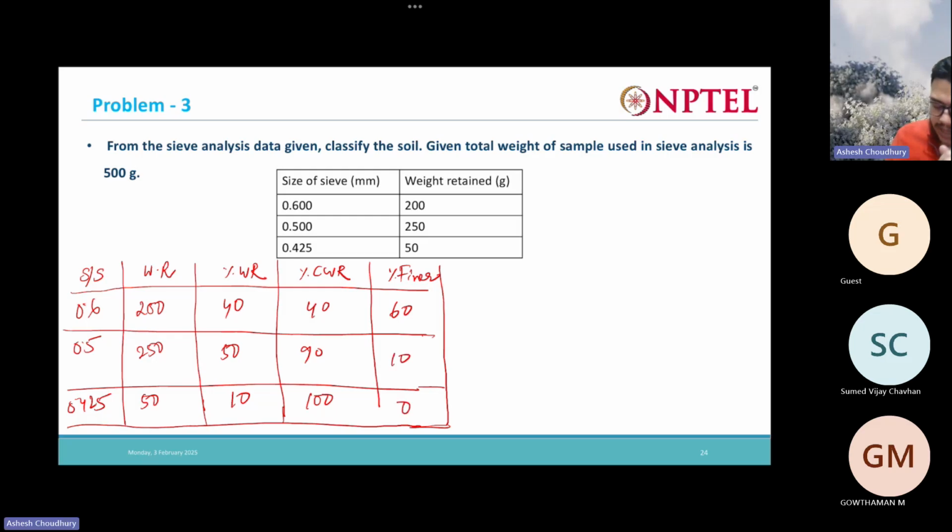Now already you can see that the soil is sand, right?